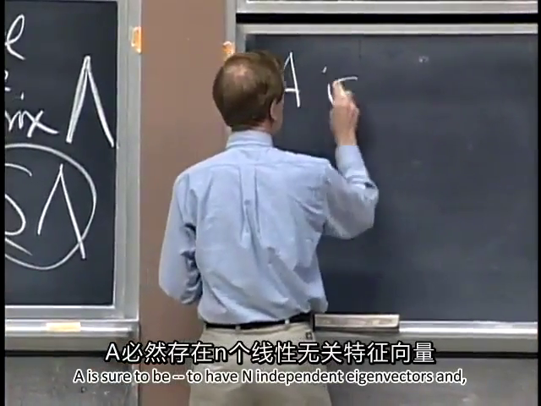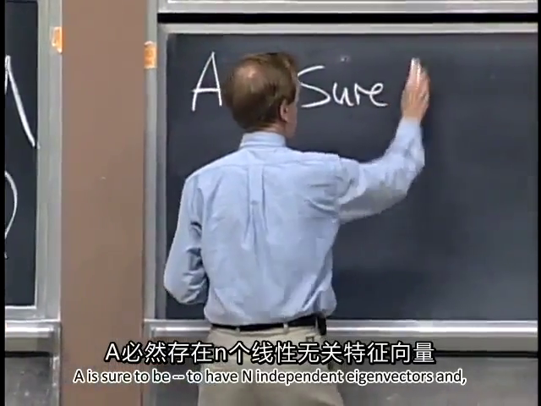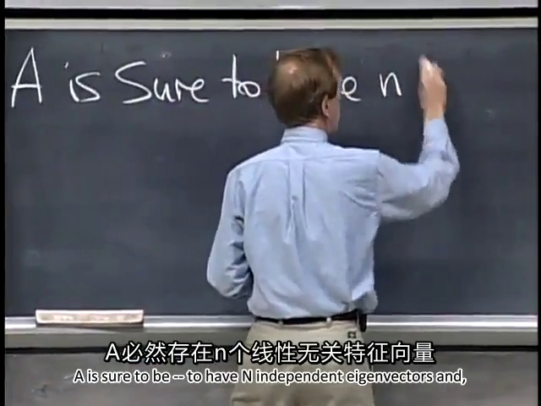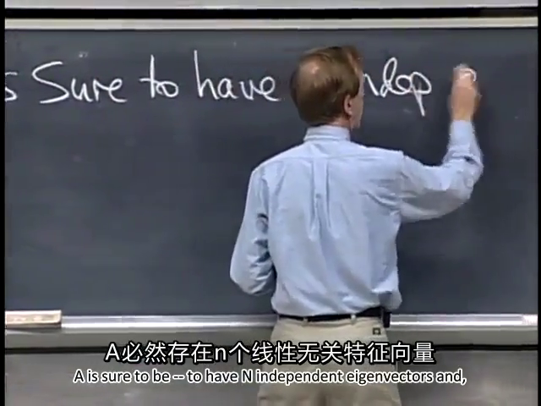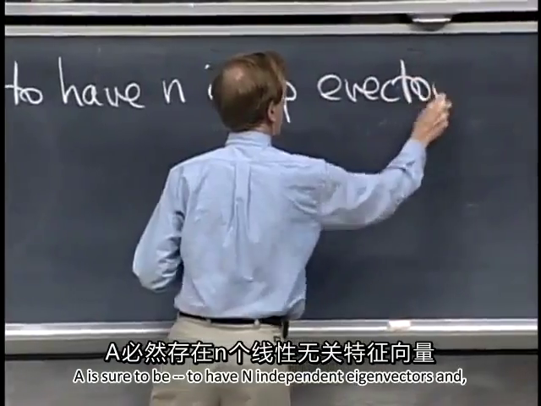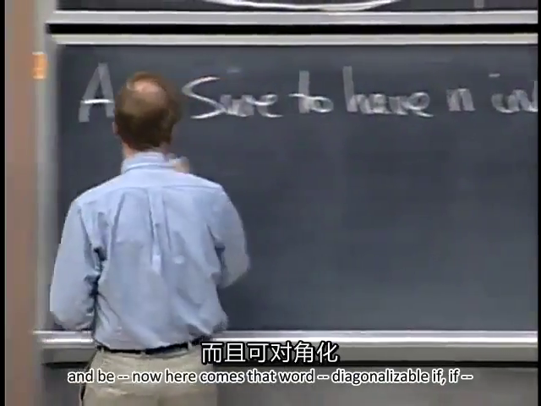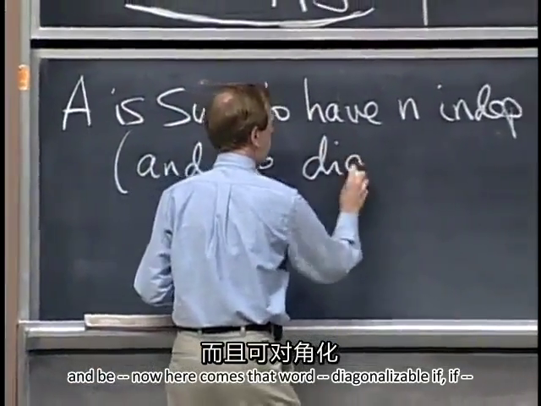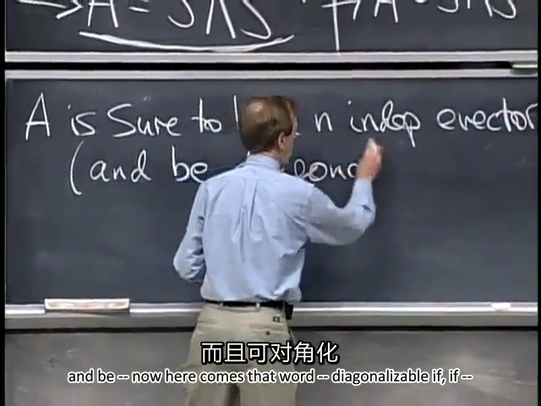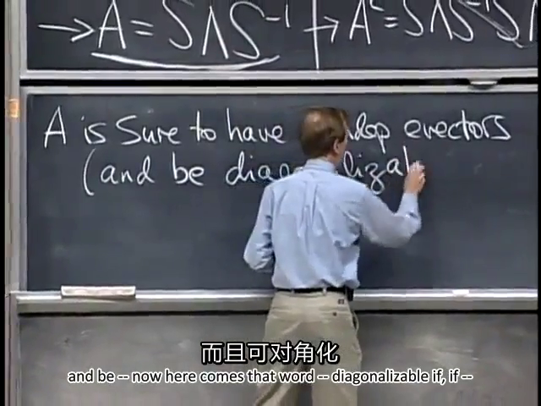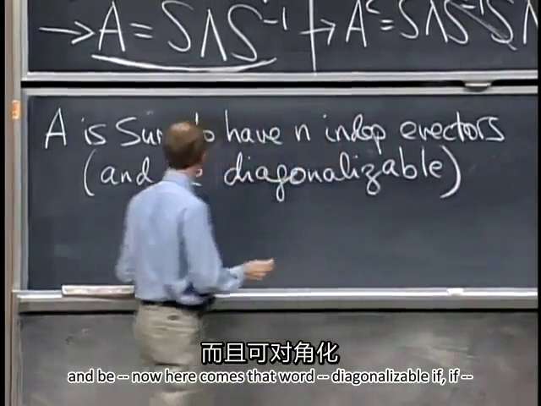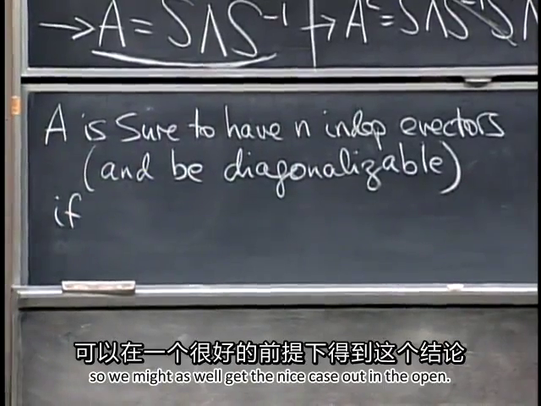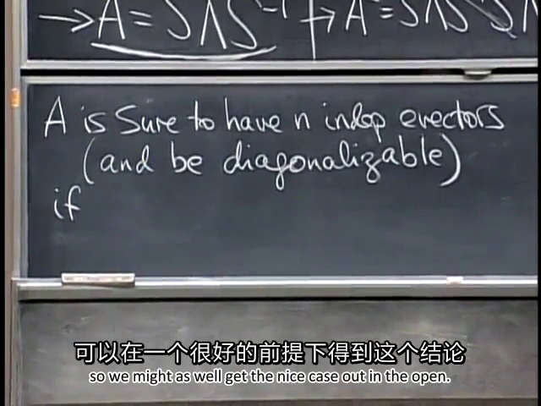A is sure to have n independent eigenvectors, and now here comes that word, diagonalizable, if, so we might as well get the nice case out in the open.